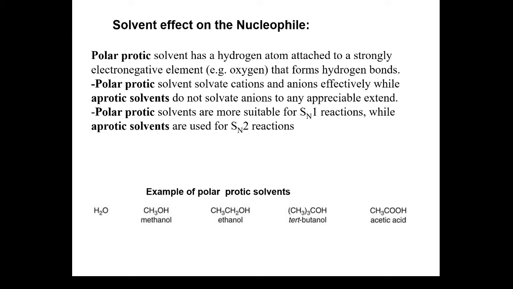We have polar protic solvents. They have a hydrogen bonded to some strongly electronegative atom, so HCl, H2O, HBr, something like that, can form hydrogen bonds.